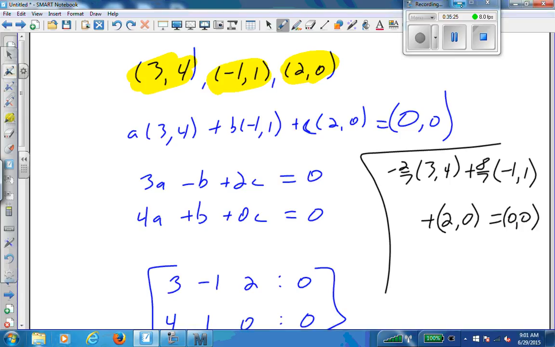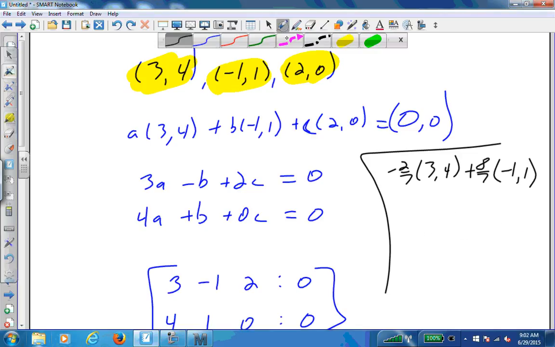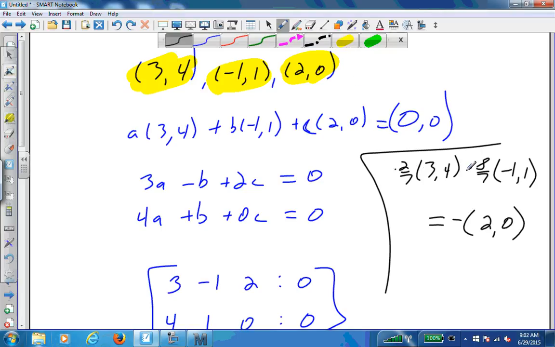Or that also meant that we could subtract this from both sides. So that means those first two equal the opposite of that last one. Or if we multiply through by a negative, we get a positive there, a negative there. So let's see.